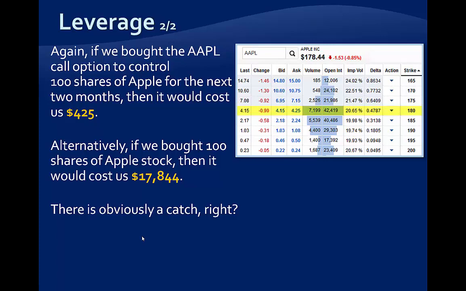You can take what's good or bad about options and you can be on either side of it. So some traders say, well, I don't like that options have a decaying effect because they have an expiration. And I say, okay, well then be an option seller because you'll profit from the decay. Some traders say, well, I don't like how much stock costs.